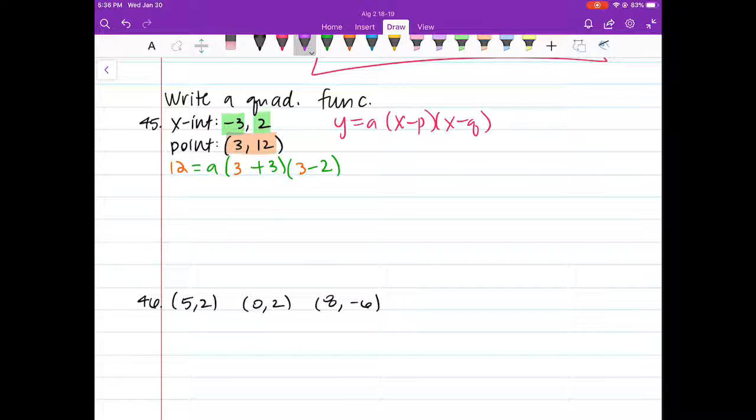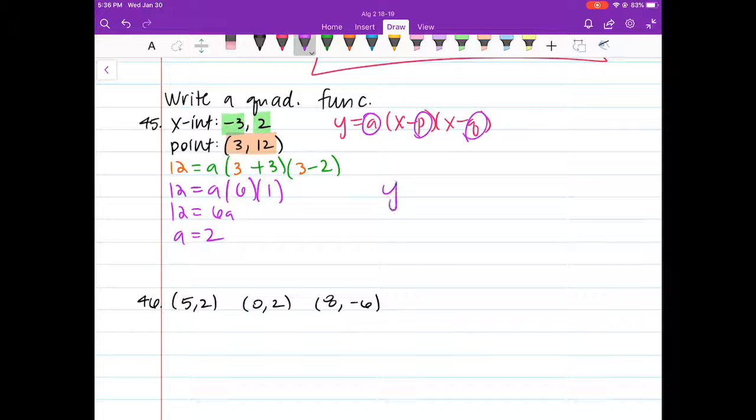So as I'm solving for a, I have 12 equals a times 6 times 1. So that means that 12 equals 6a, so a must be 2. So lastly, I replace a, p, and q in my final equation. So y equals 2 times x plus 3, x minus 2.